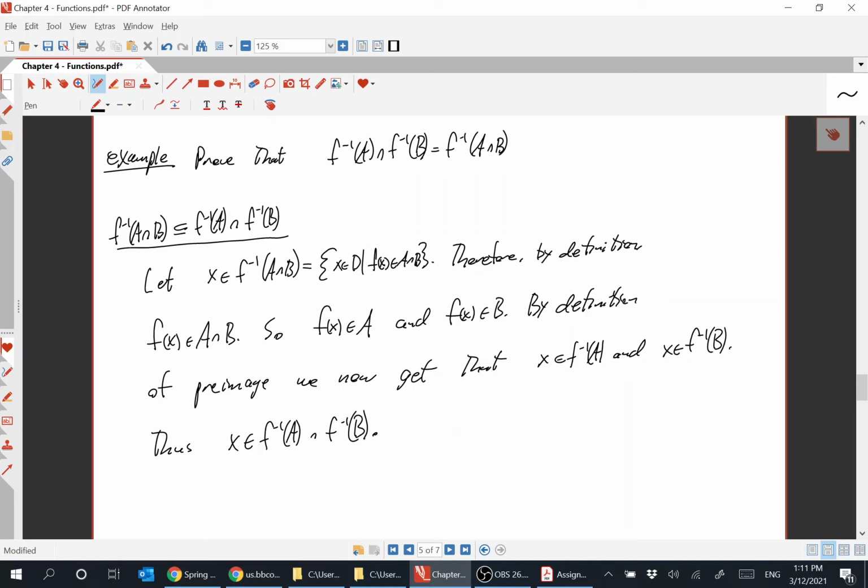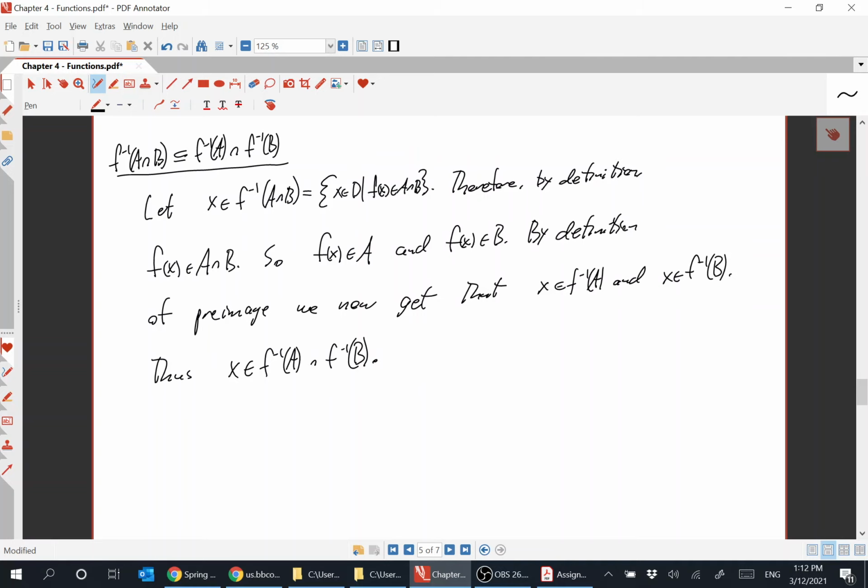If f of x was in the image of A, where now A is in the domain, you couldn't say that x was in A. But with preimages it does work because there's that universal quantification going on. Because f of x is in A, x is in the preimage of A, and because f of x is in B, x is in the preimage of B, so since x is in both these sets, it's in the intersection of the two.